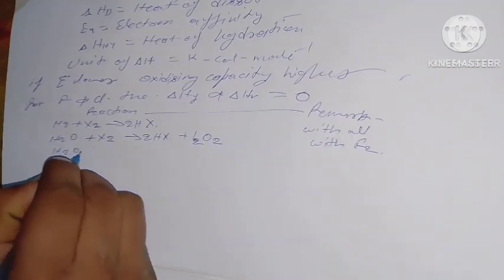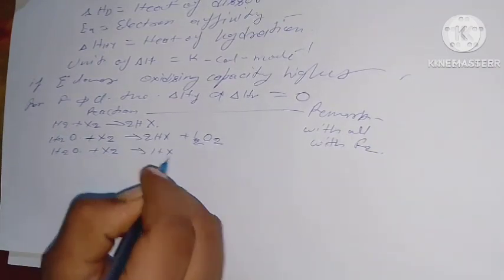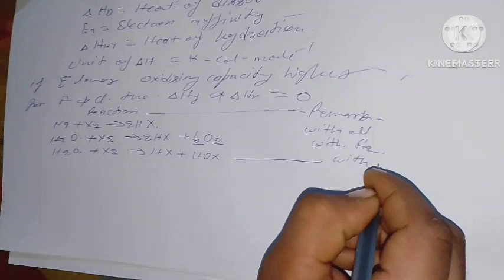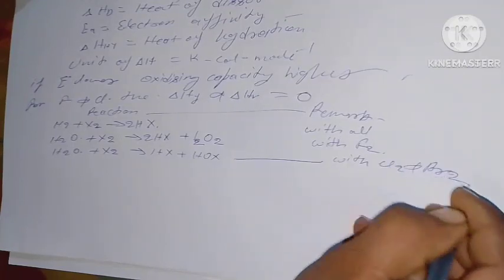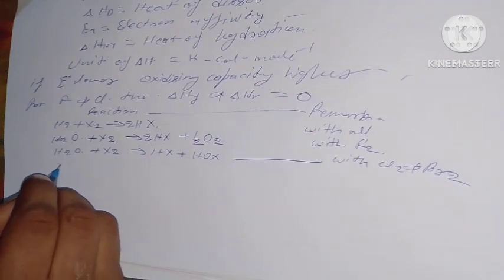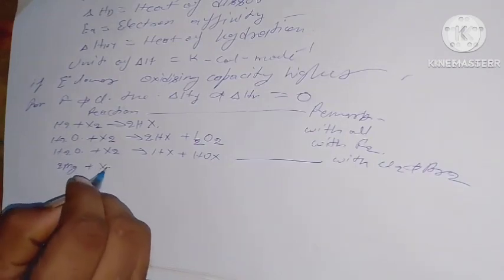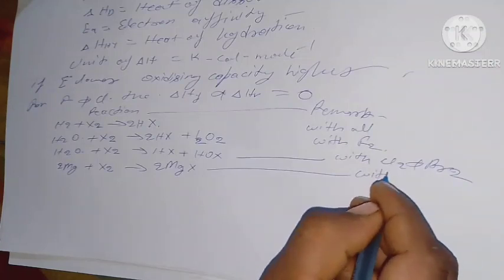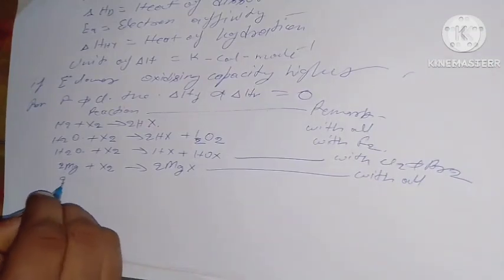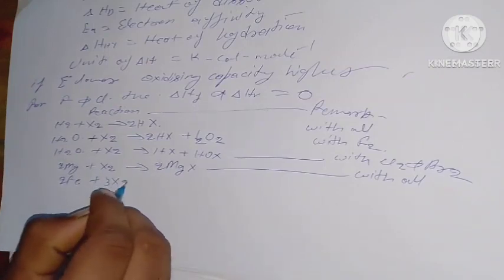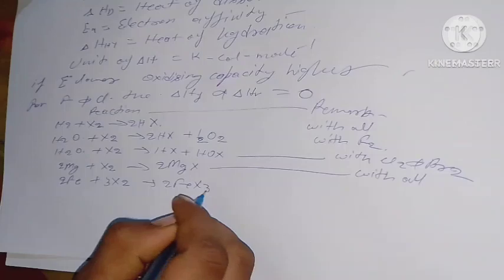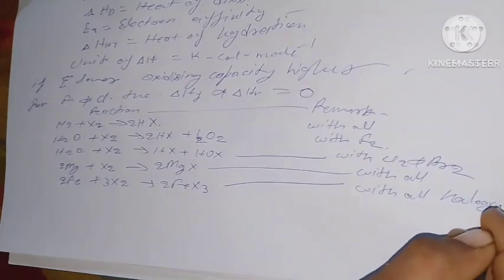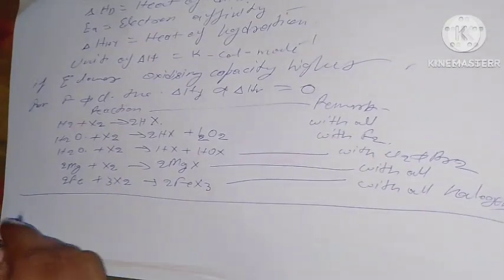H2O plus X2 gives HX plus HOX, with only chlorine and bromine. 2 Mg plus X2 gives 2MgX with all halogens, and 2 Fe plus 3 X2 gives 2 FeX3 with all halogens.